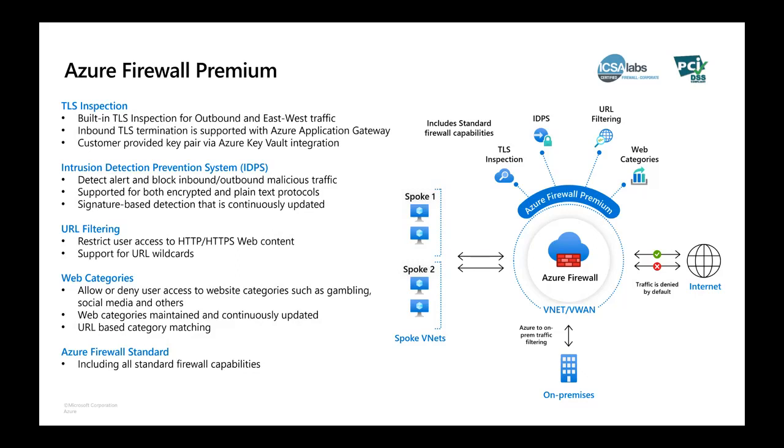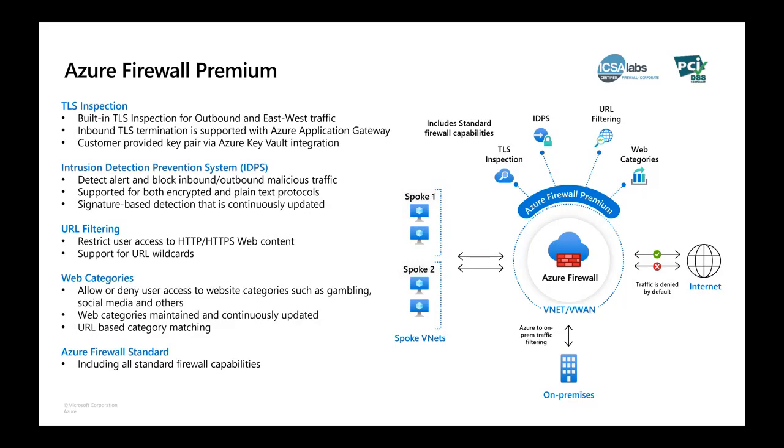This is extremely useful if you want to limit users going to specific websites that you want to restrict or to allow. These are updated and continuously maintained. It also supports URL-based category matching. And of course, Azure Firewall Premium has all the Standard firewall capabilities.